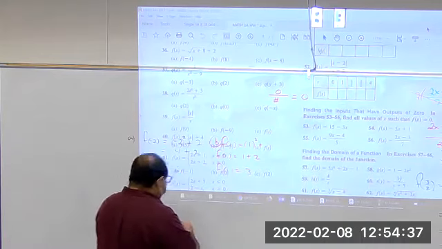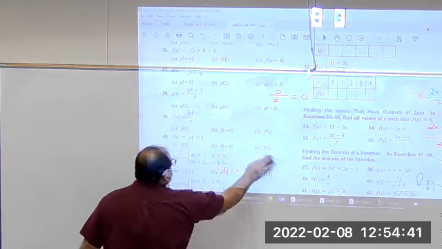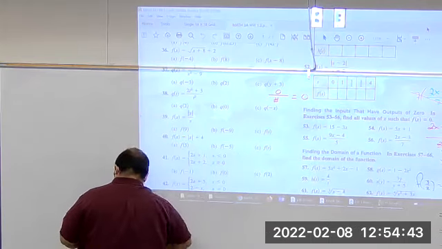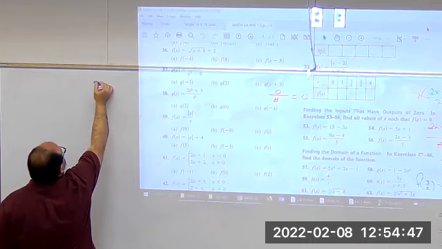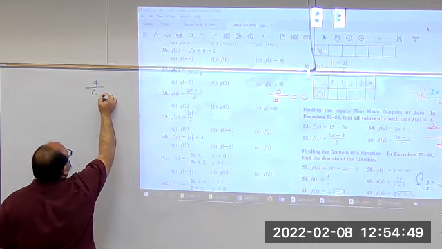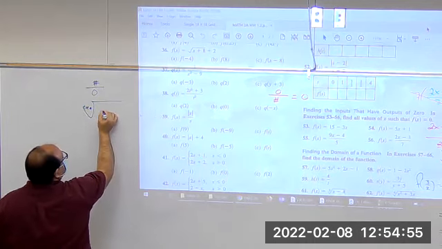So the 2 bad things that might happen that mess up our domains are when you get a number over 0, or you end up with an even root of a negative.